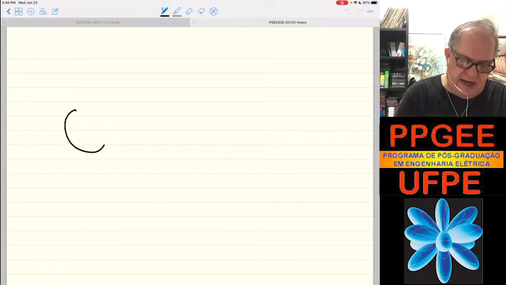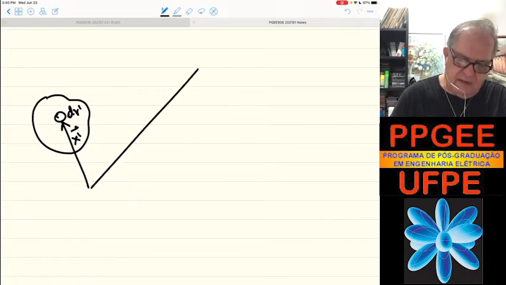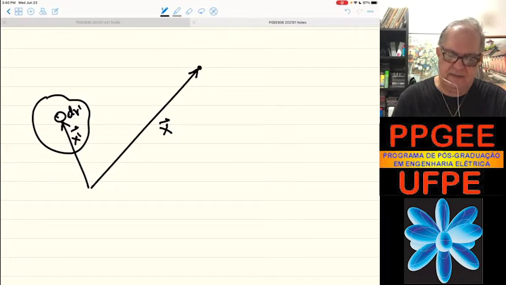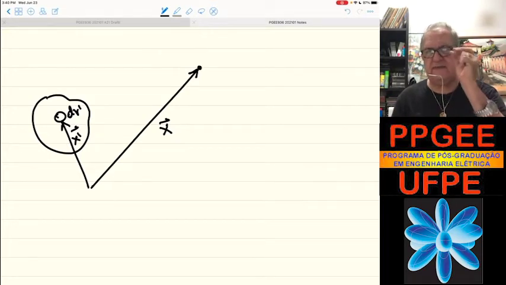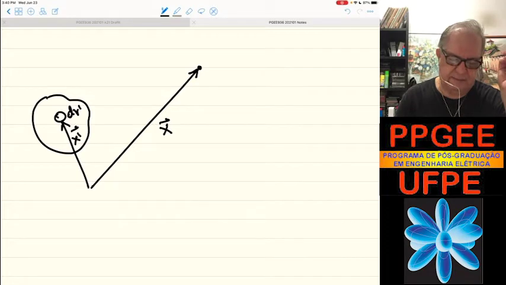We have a charge distribution at x prime, dv prime. Then we are observing the effect of a disturbance at point x. So each volume gives a small contribution. That's what that integral expression is, a scalar sum of all the components.